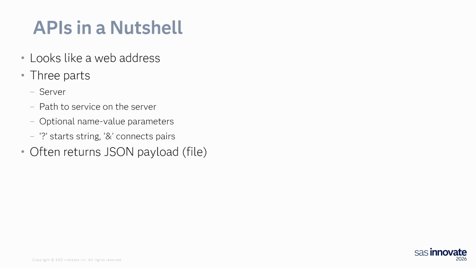And then optionally, the service or program itself may accept parameters, and those are sent as name-value pairs connected by ampersands and delineated from the other part of the URL with a question mark. Often what you get back is a JSON payload, and that is going to be the case in this exercise.